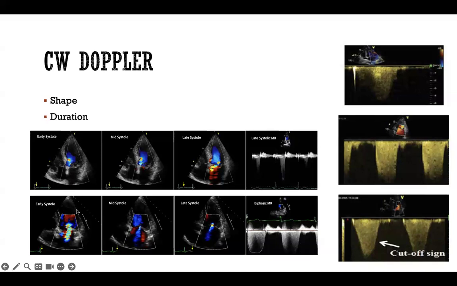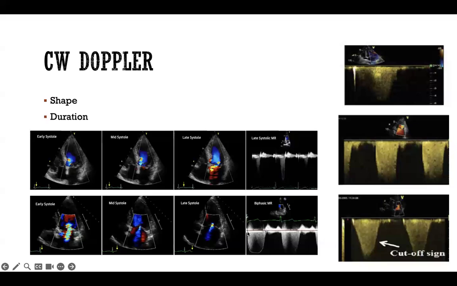While the other way around, here you can see in early systole, look at the MR here. We have a very wide vena contracta. You see this is at least significant mitral regurgitation, but it disappears in the mid systole and appears again, slightly less than before, in the late systole.